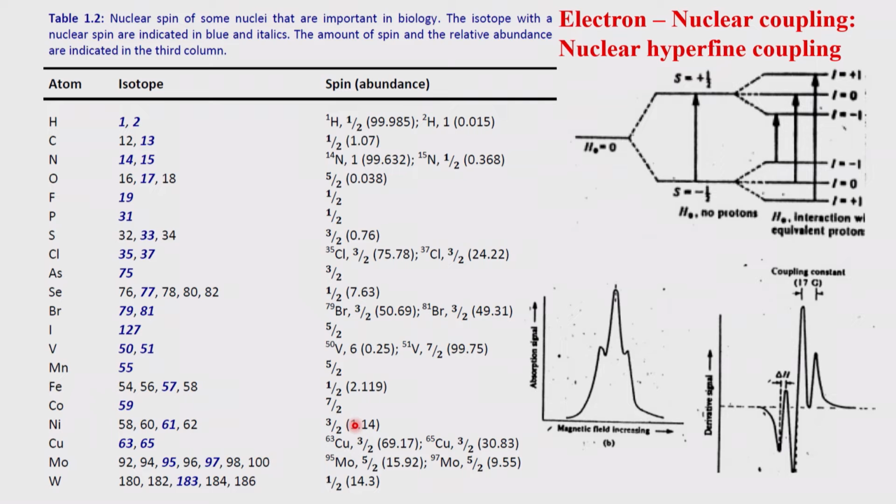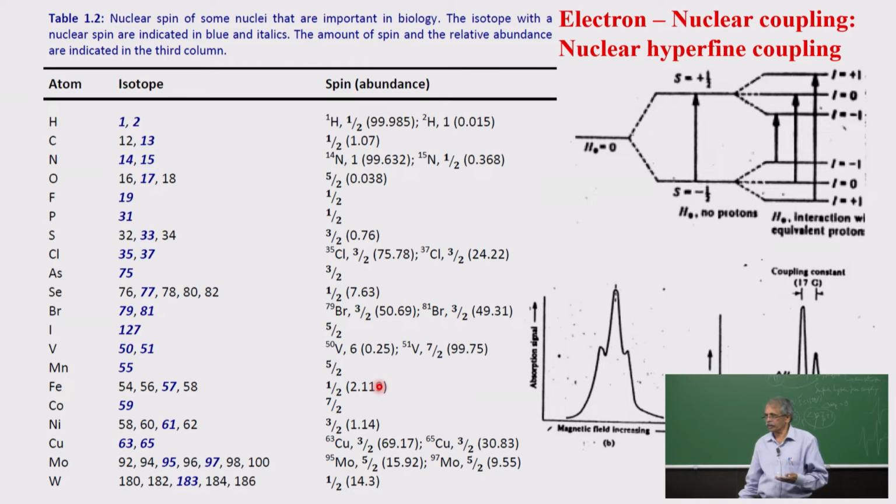Other nuclei will not couple. And if you see iron 57, its value is only 2%. You should have at least 10% or more to see reasonable peaks. So if you label with 57, then you can expect a signature in the EPR spectrum. What signature? A hyperfine coupling signature.